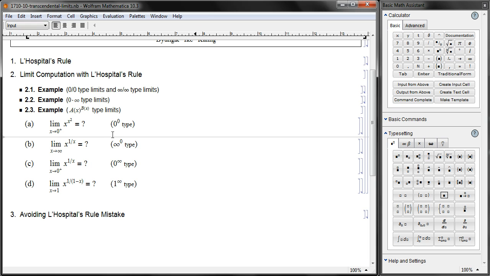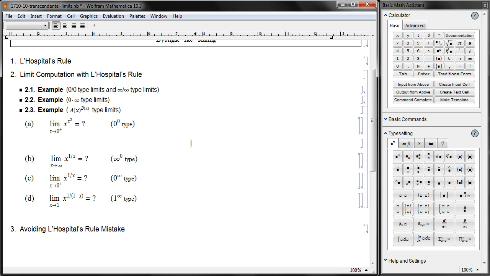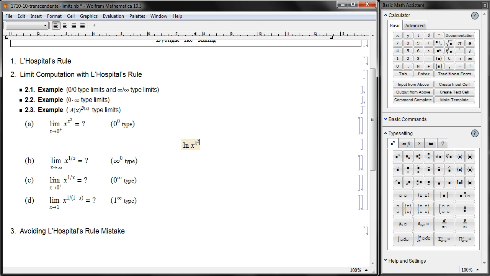Typically there are two methods. One is to take log and calculate the limit of this log, and then in the end take the exponential to get it back. This is what I'm talking about. Log of x to the x squared, let's suppose we have something like this, then you can apply the log rule.